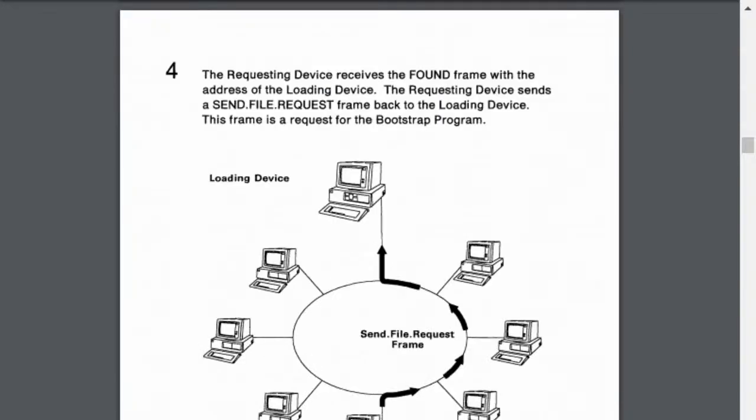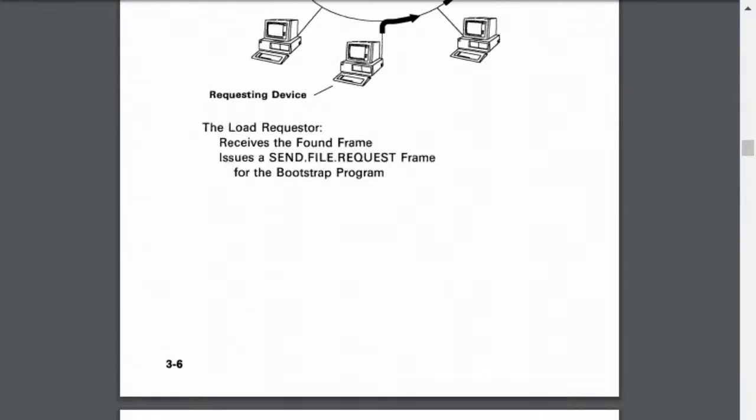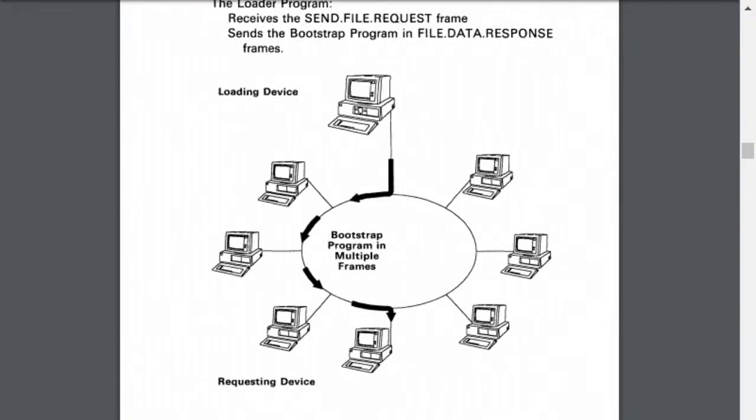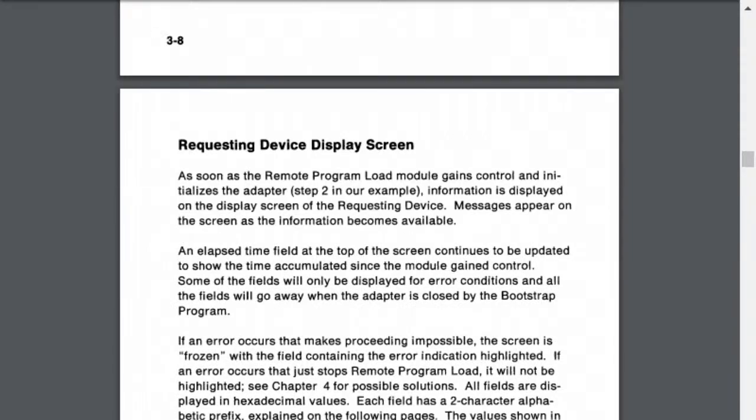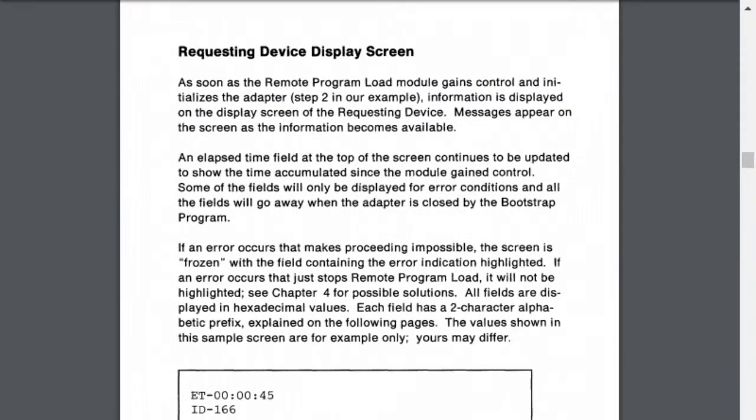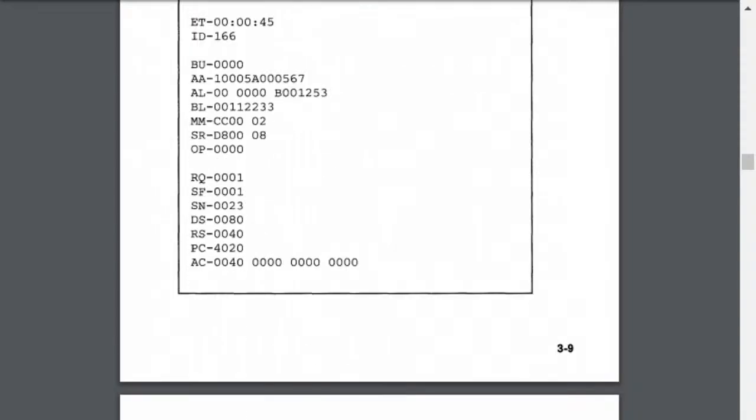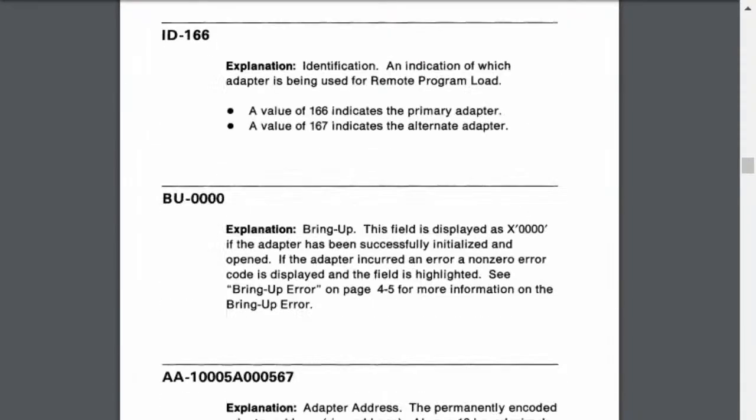Just these things about the send file request frames and things like that. I'll have to look at the sample programs and find out what they do, just as the examples.